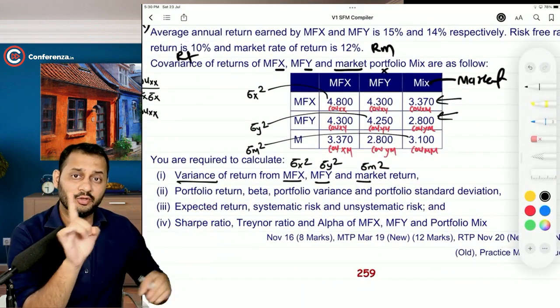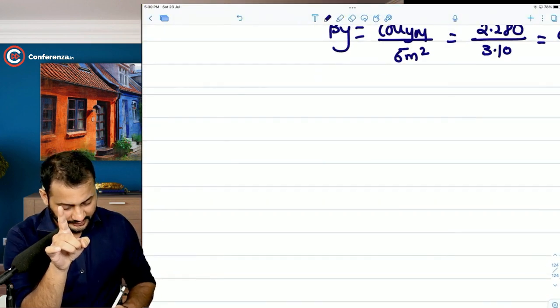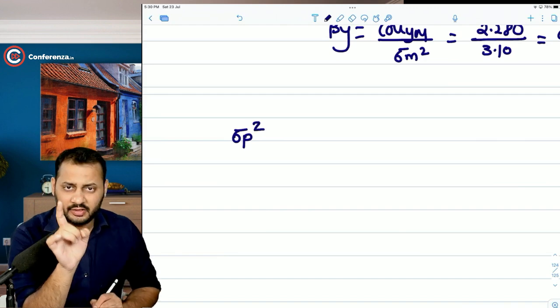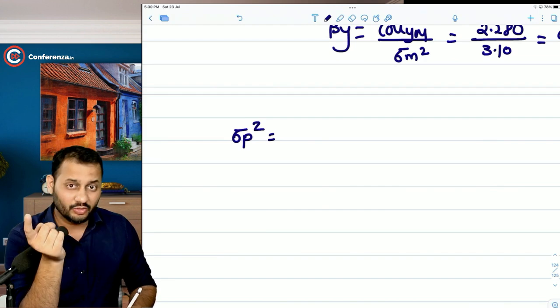Then portfolio variance. Do you know how to calculate a portfolio variance? What do you call as portfolio variance? It is nothing but standard deviation of P square. Am I right? Having two securities in that. Do you know the formula for that?